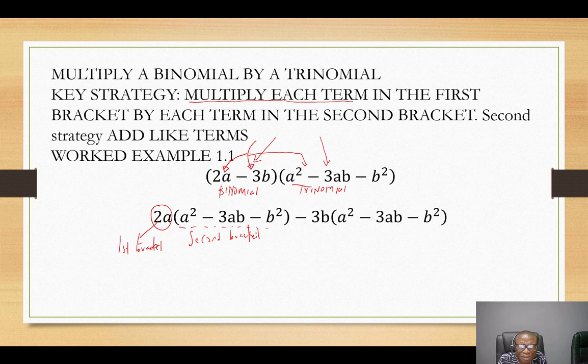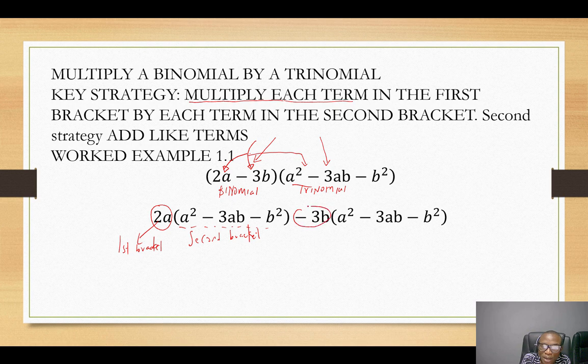The first bracket is made up of two terms, which is 2a is your first term. The second term is negative 3b. So I'm also going to take negative 3b and multiply it with everything in the second bracket. So here it's minus 3b.